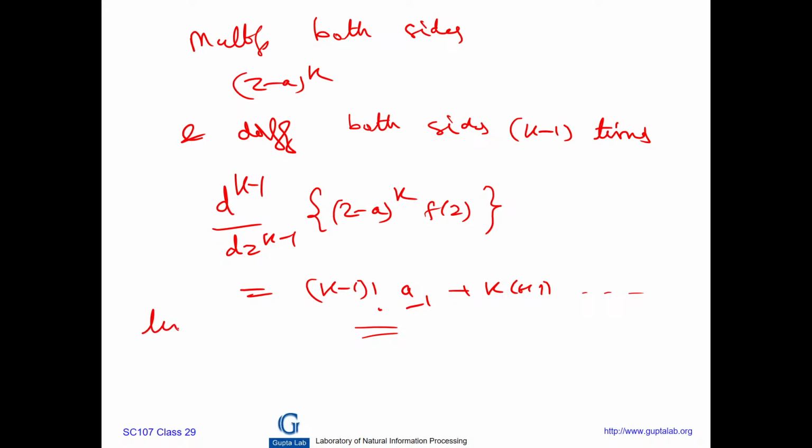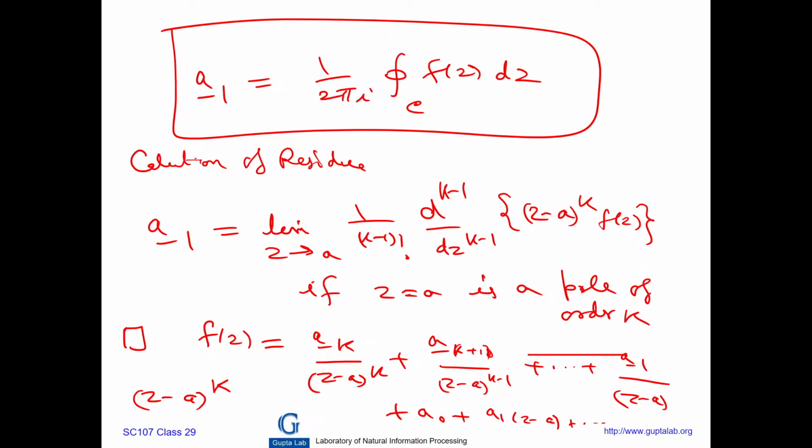If we take limit z tends to a, बाकी सब में एक्चुअली z minus a का टर्म आएगा, सो वो सब जीरो हो जाएगा, राइट? So what is left is a minus 1, right? So basically this value is nothing but factorial k minus 1 times a minus 1. So from here I can find out the value of a minus 1. So basically a minus 1 is this quantity.